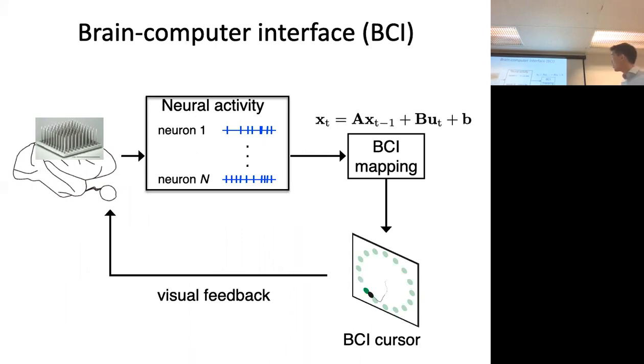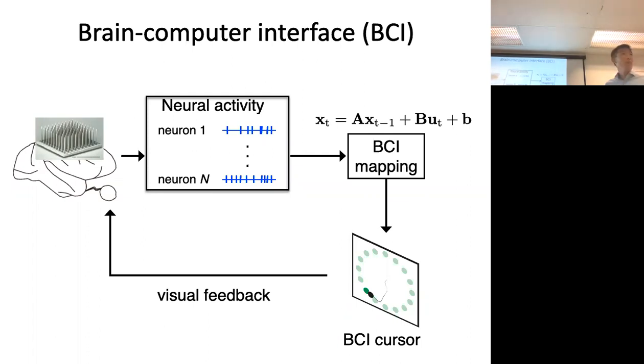Okay, and this mapping can take the following form, where here x_t is a 2x1 vector. Okay, that is the horizontal velocity and vertical velocity of the computer cursor. x_{t-1} is the velocity at the previous time point. u_t here is the neural activity.